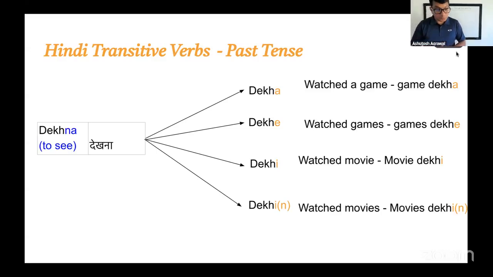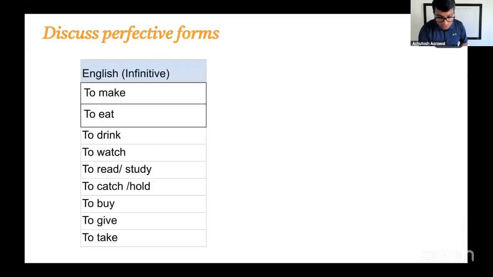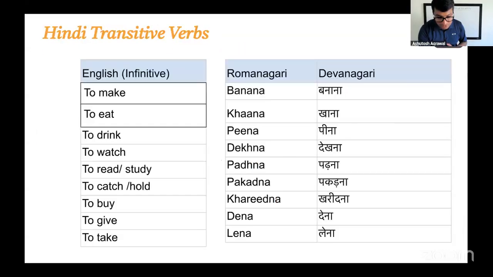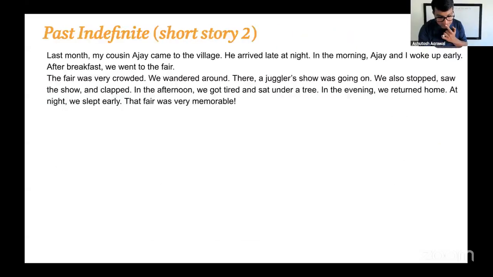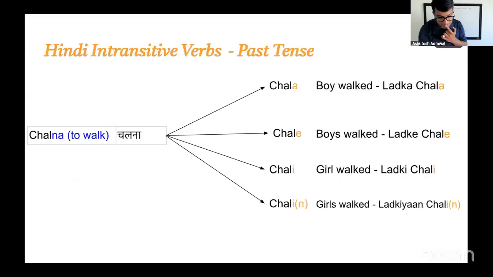Okay, now the interesting thing, which some of you probably noticed. I'm gonna go some slides back. In the previous class, when we spoke about the intransitive verb, the subjects were deciding how this is getting conjugated.